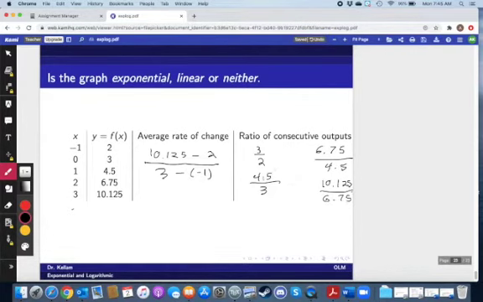Well, what is 4.5 divided by 3? Well, 4.5 is 9 halves. So we have 9 halves divided by 3, which is 3 halves.